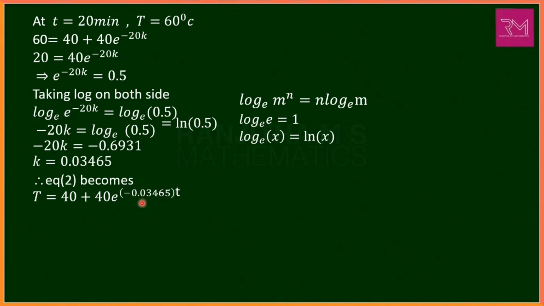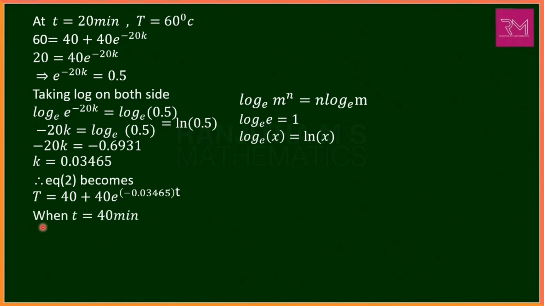Equation 2 is T is equal to 40 plus 40 into exponential power of minus kt. Here k value is 0.03465 into t. Here we have to write the positive or negative sign carefully.